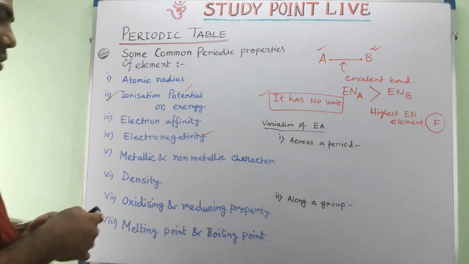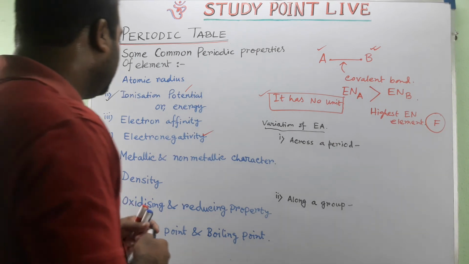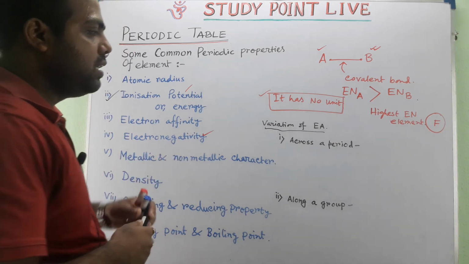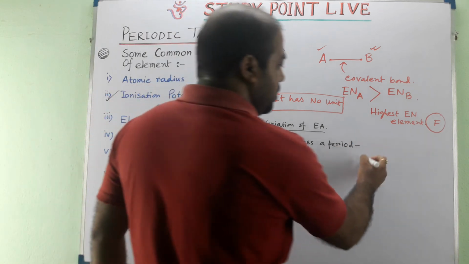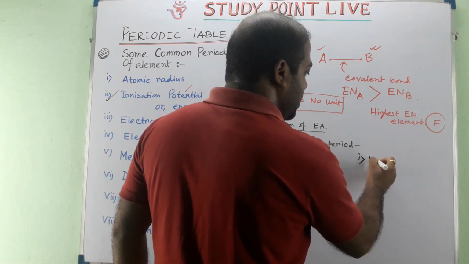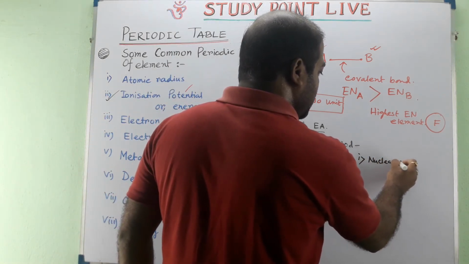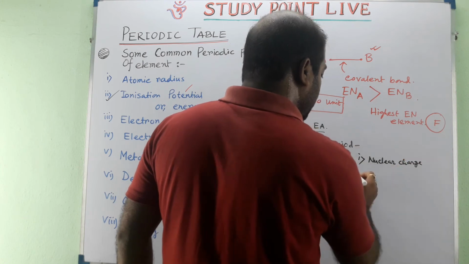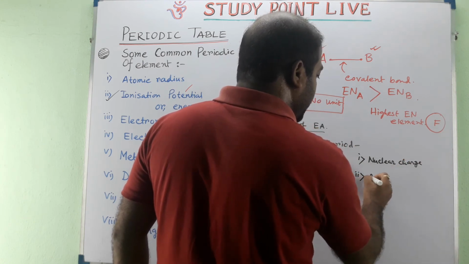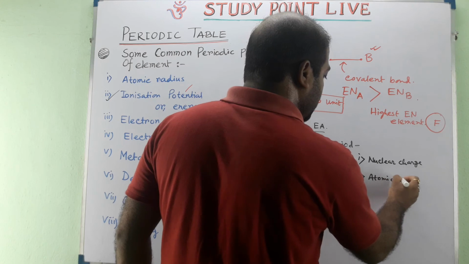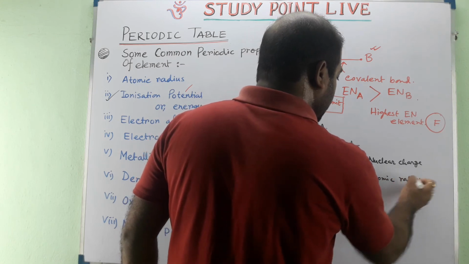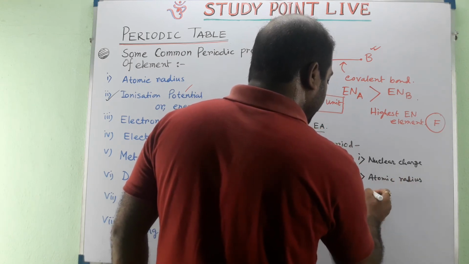Now we are going to discuss the factors on which electronegativity depends. First one is nuclear charge. Second, atomic radius. Third, electron affinity.